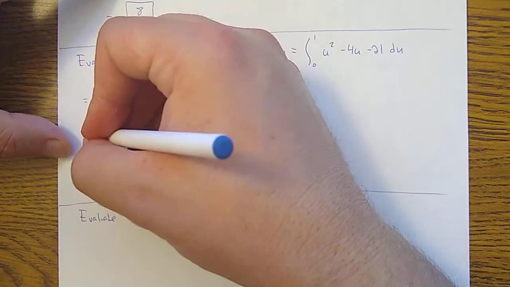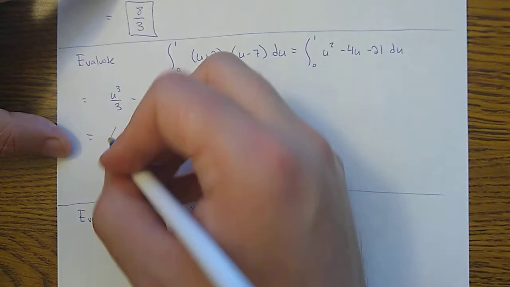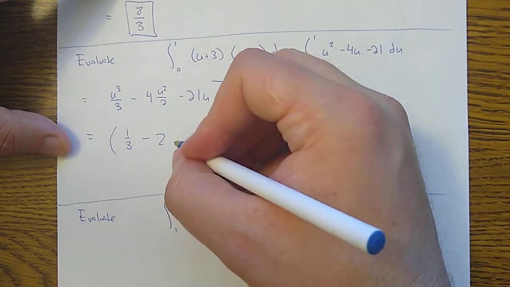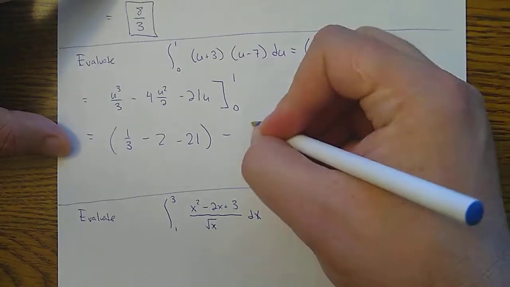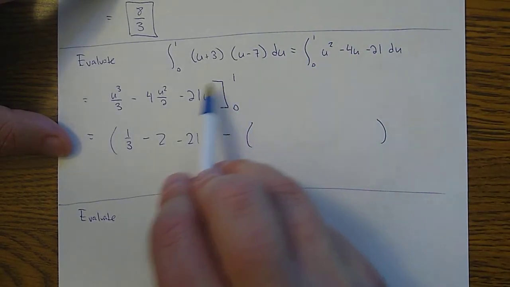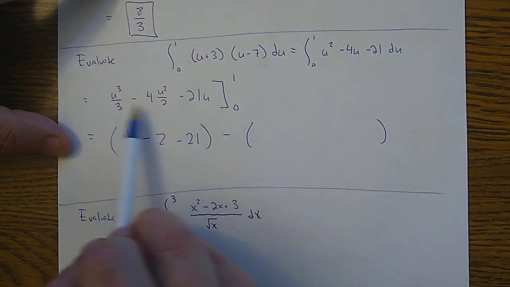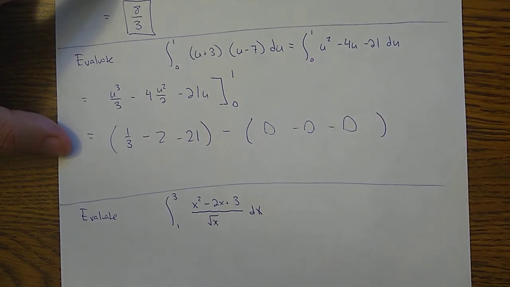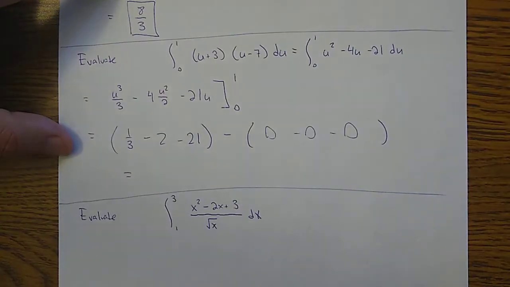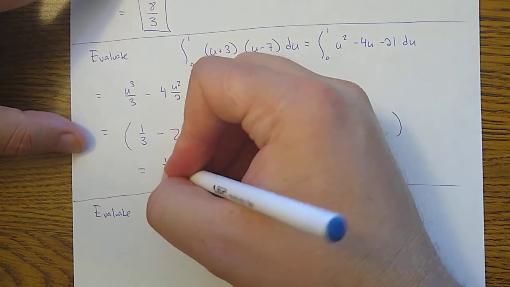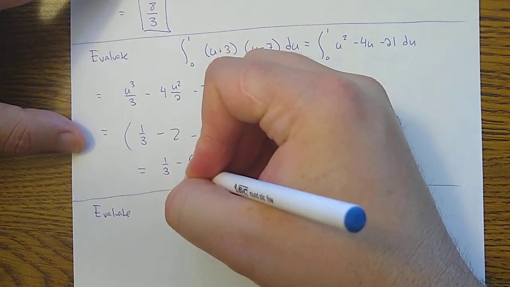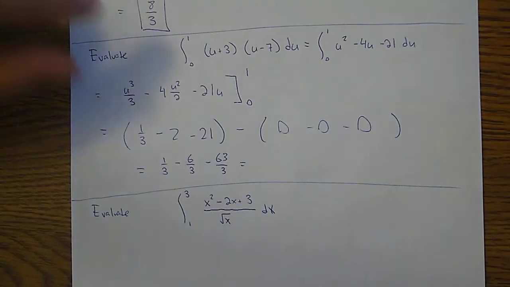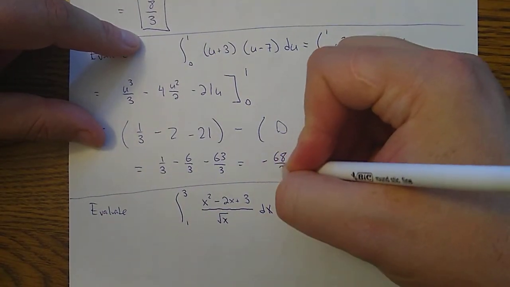Yeah, and then 1/3 minus, this would just be 2 minus 21, because that's when I'm plugging in 1, and then when I'm plugging in 0, everything is 0. Oh boy, and then this is 1/3 minus 6/3 minus 63/3, which is negative 68/3.